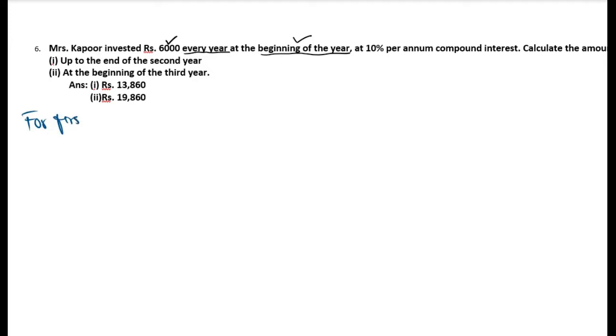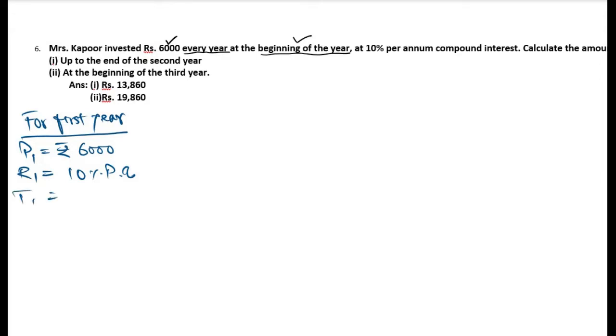So for the first year, P1 is equal to rupees 6,000. R1 is equal to 10% per annum, and T1 is equal to 1 year for the first year.